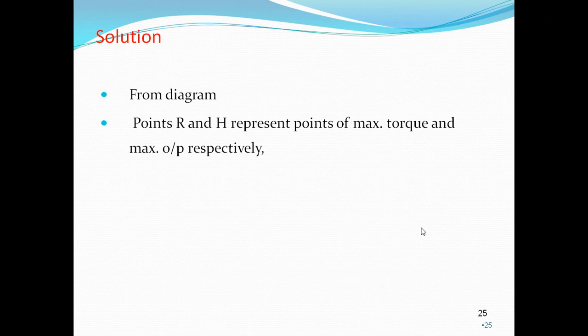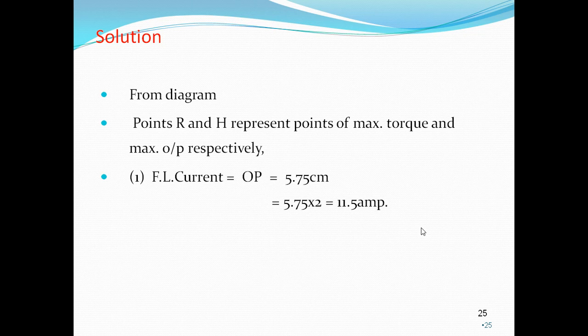So from the circle diagram, the points R and H represent maximum torque and maximum output. What do we have to calculate? We have to calculate full load current. OP, we have to measure with scale, that is 5.75 centimeters. So that is equal to 11.5 amps.